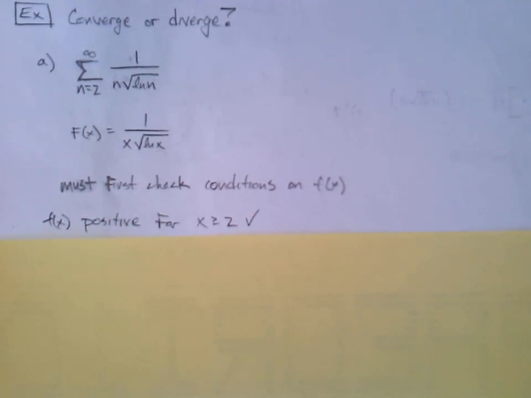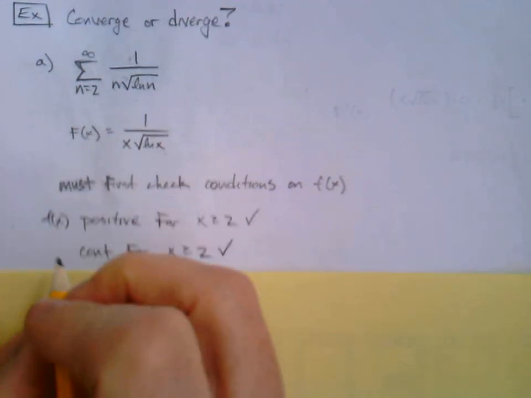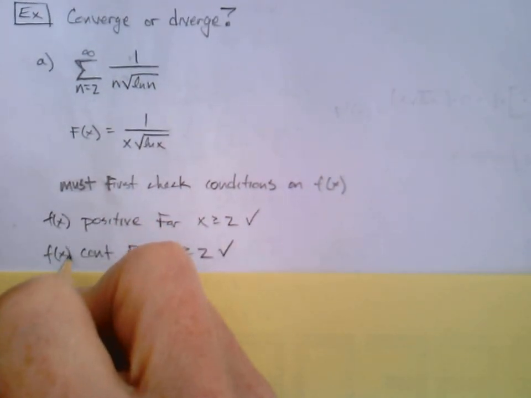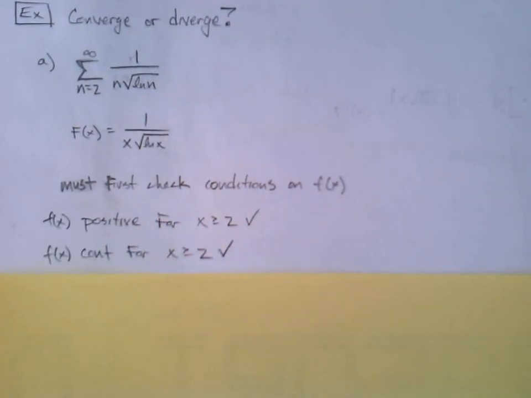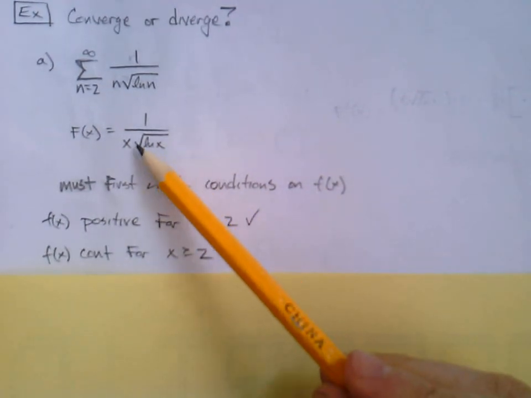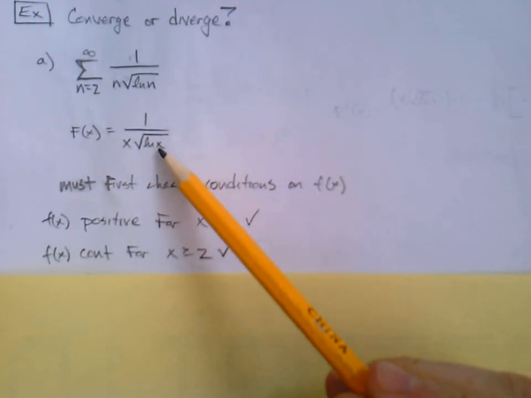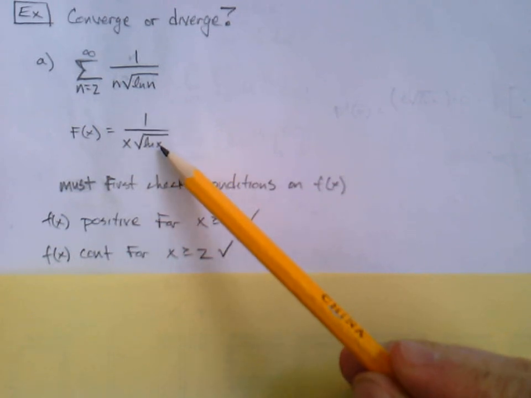Okay, the next condition is, is f of x continuous for x greater than or equal to 2? Really, same sort of thing. There's no math to do here. We can visually check that that's the case. So what does that mean? Well, for anything 2 or larger, do we ever divide by 0?